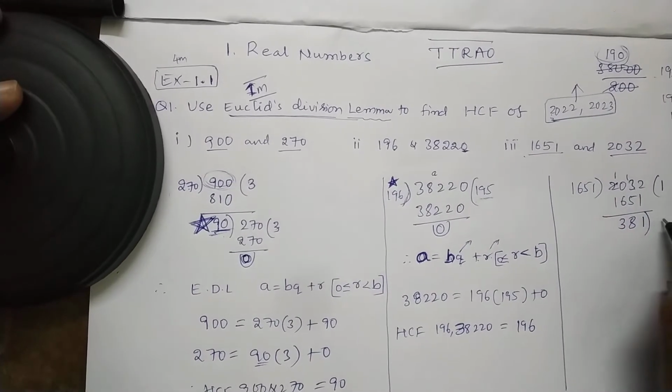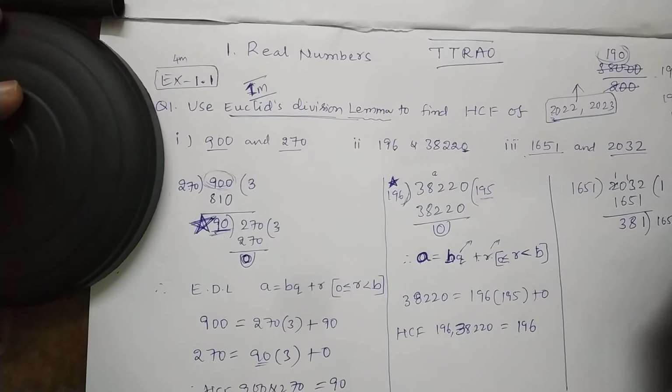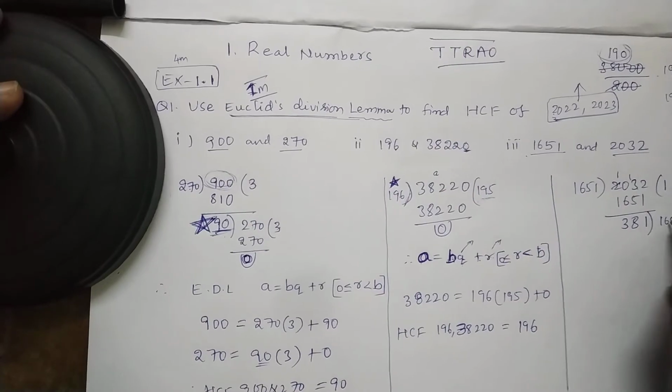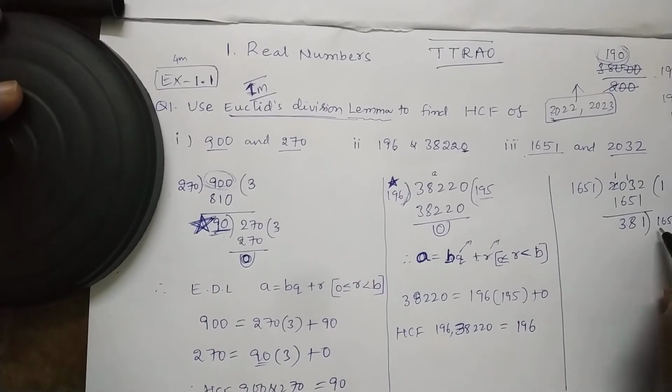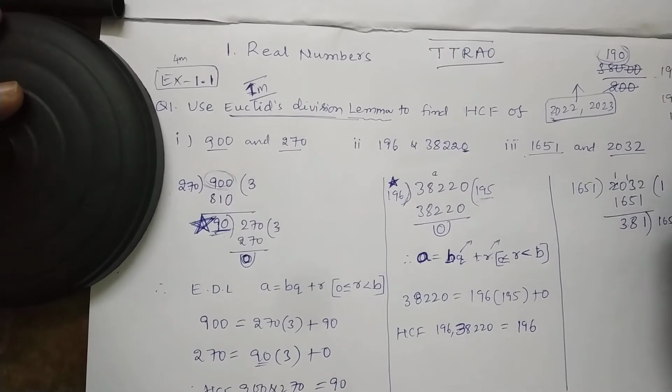Now you need to proceed with 1651. 3 times 5 is 15, so 300 into 5 equals 1500. But actually we can't proceed 3 times, so let us try 381 into 3. 3 1s are 3, 3 8s are 24, 2 carry, 3 3s are 9, 10, 11. That gives 1143.